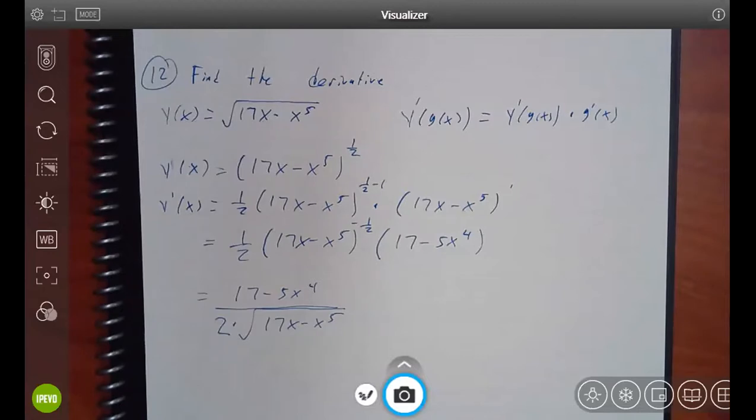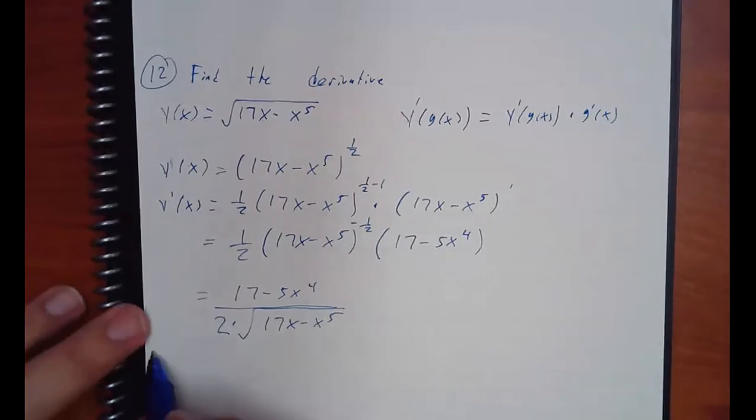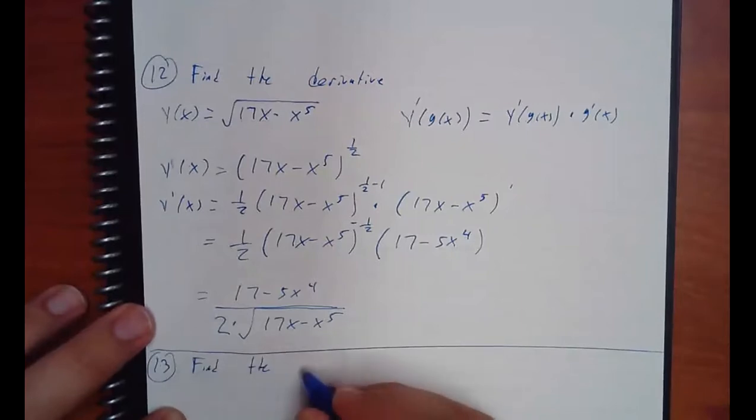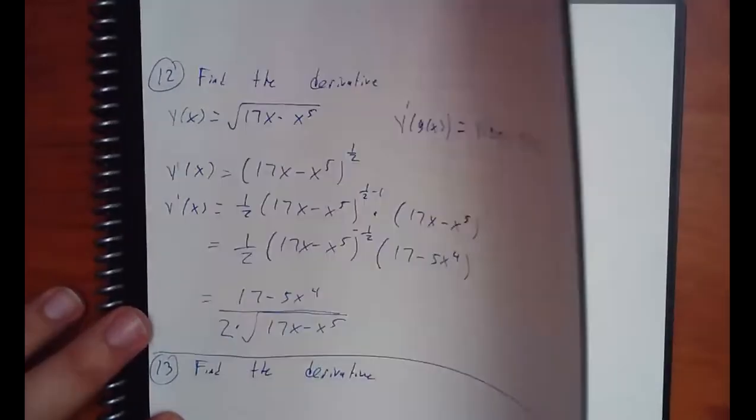That was 12. 13 is a product rule that has chain rules. So let's do 13. Just because it looks nasty. Honestly, I think we should probably do another sketch.